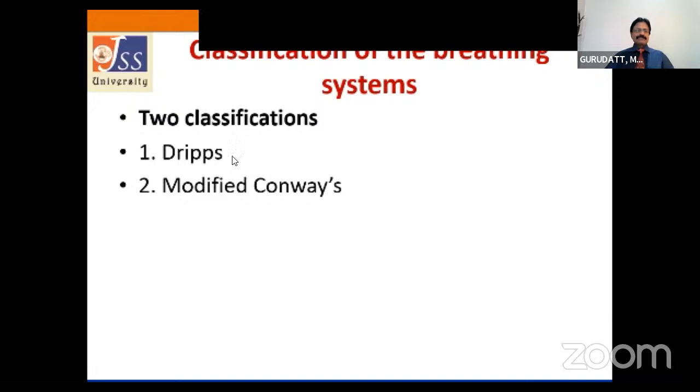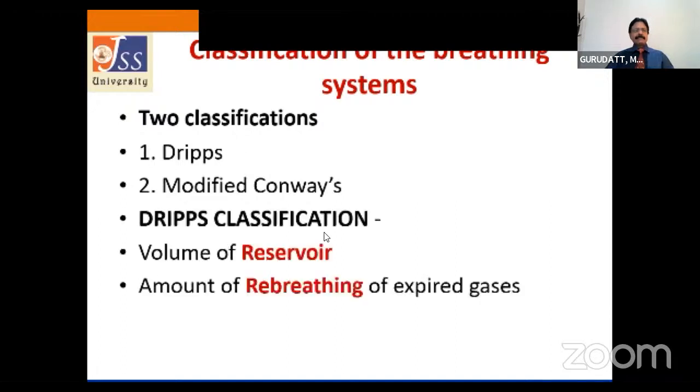The Dripps classification is mainly based on the volume of reservoir present in the breathing system and how much rebreathing occurs in a particular system.